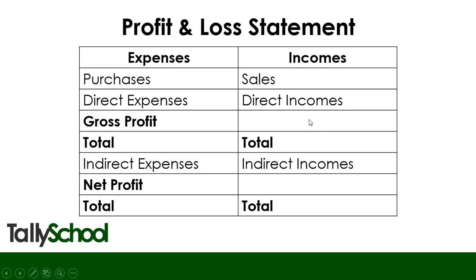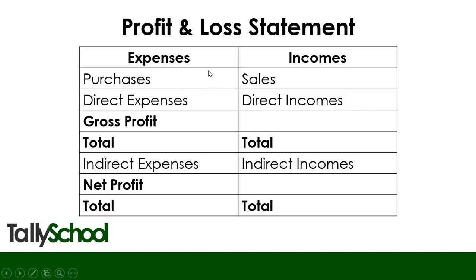Therefore, if you total sales and direct incomes, and total purchases and direct expenses, you will get the gross profit or the gross loss here. So let's say, for example, your sales are 10,000 rupees, direct incomes are 5,000 rupees, your purchases are, let's say, 7,000 rupees, and direct expenses are 3,000 rupees.